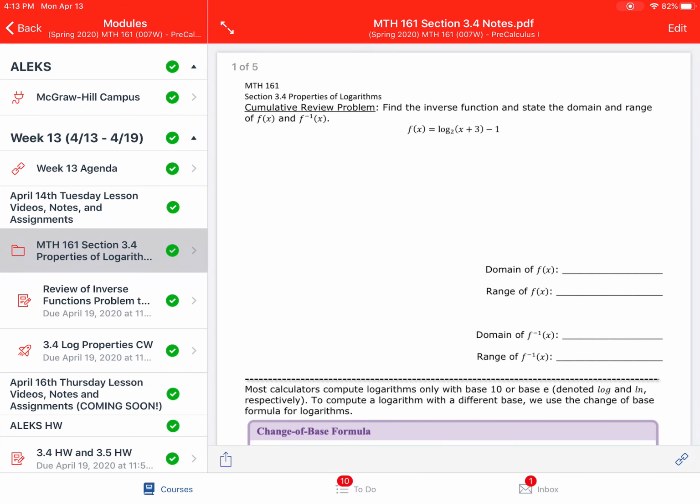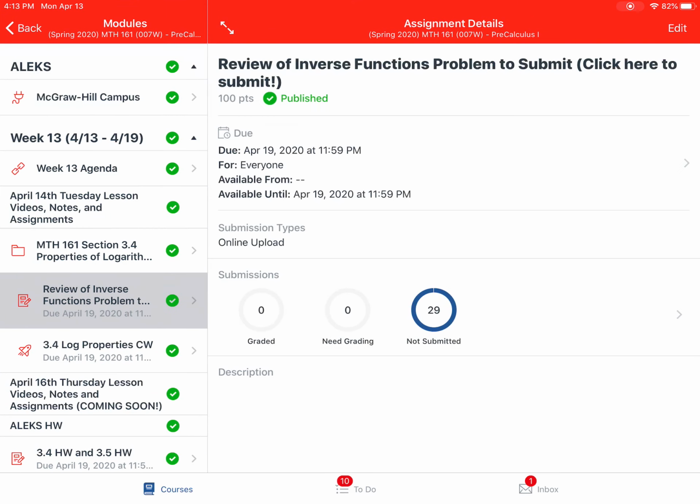The one that you're going to try for me for the review of inverse functions, I'm going to make sure that I'm not doing the exact same problem. I don't think I can open it on my iPad.